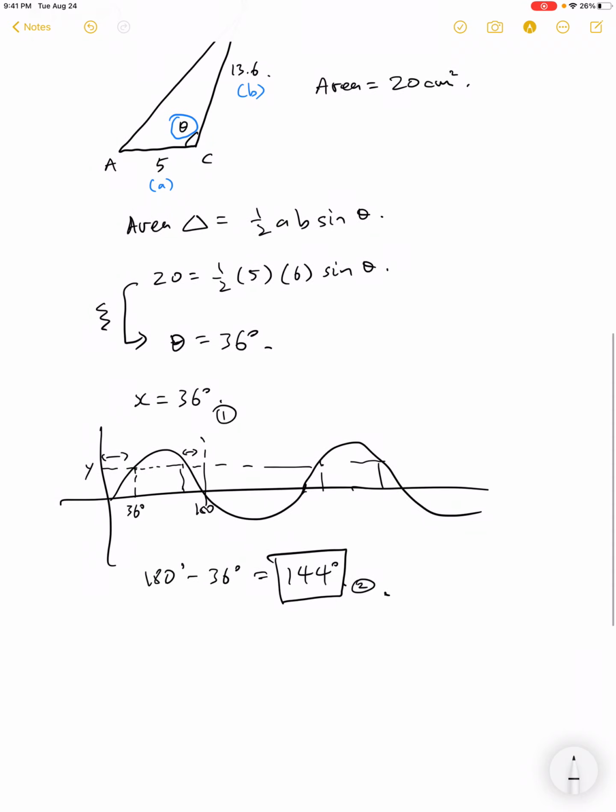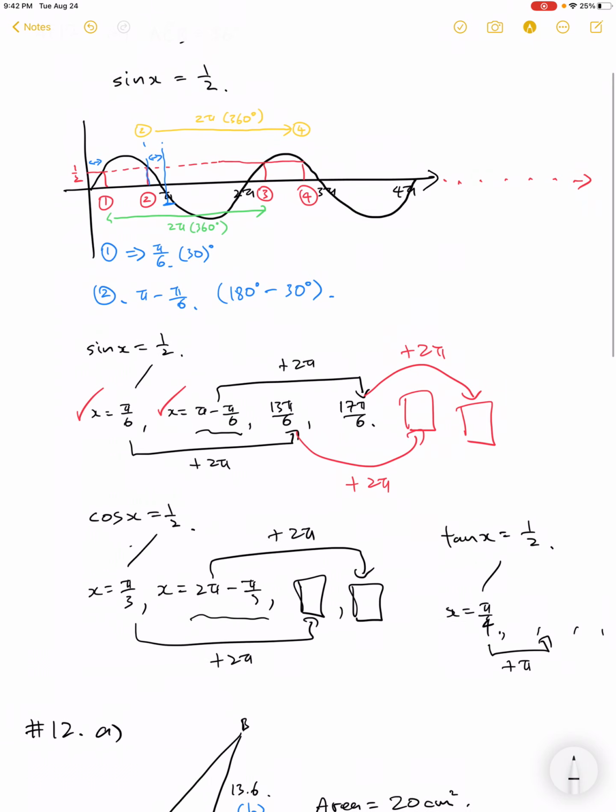Why? Because if we go back to the question, it definitely says angle C is obtuse. So you might have got this answer here, 36. Why? Because the calculator is always just going to give you the first value.